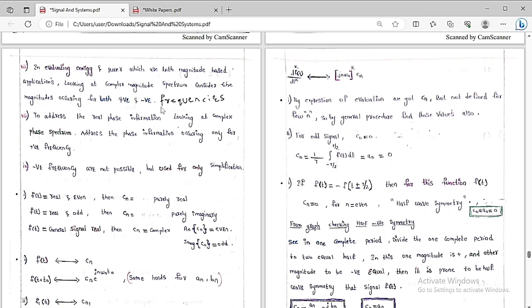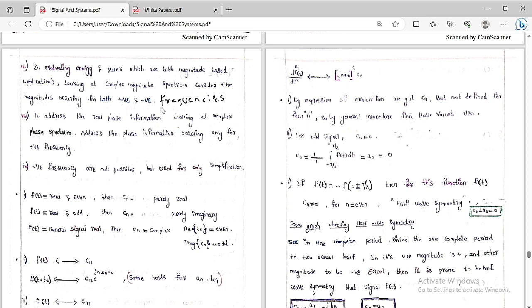So when you are going to evaluate the energy as well as the power of a given signal f of t, which are magnitude-based applications, you have to consider the magnitudes in the positive frequencies as well as the negative frequencies of the given signal while calculating the energy as well as the power.